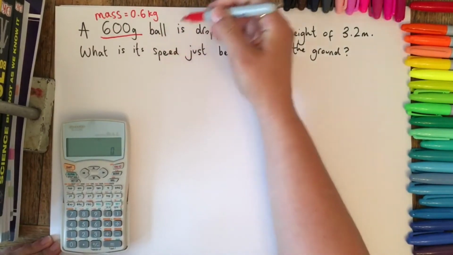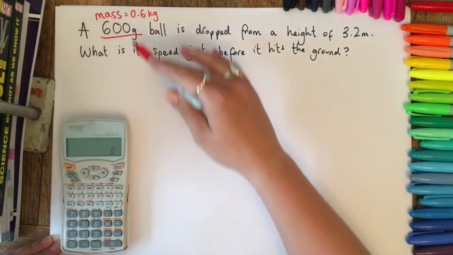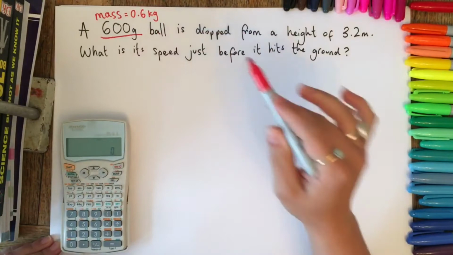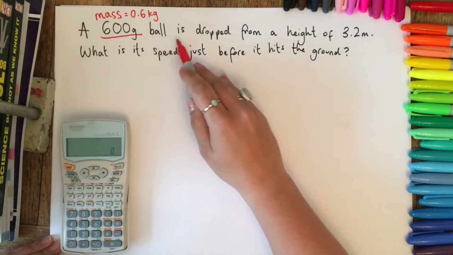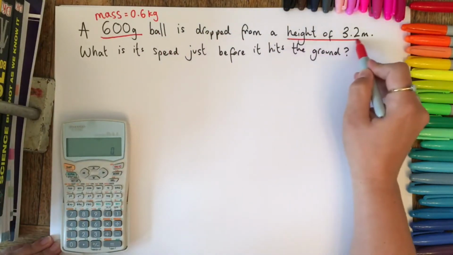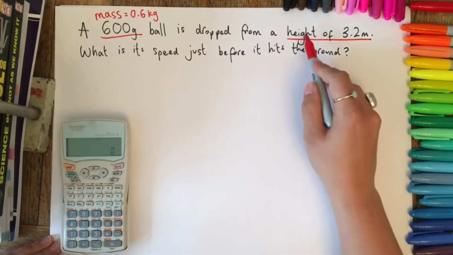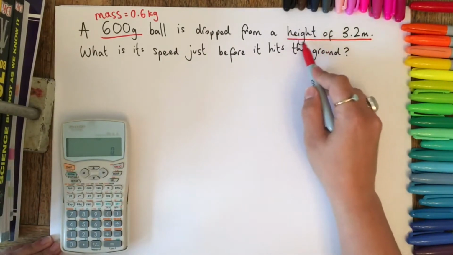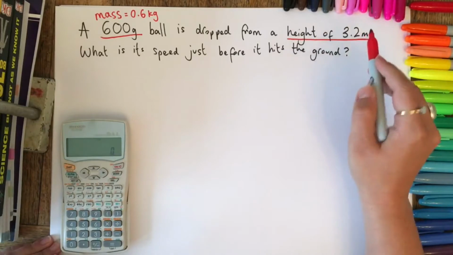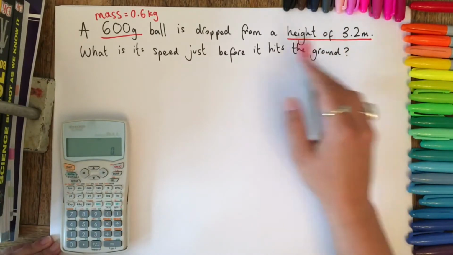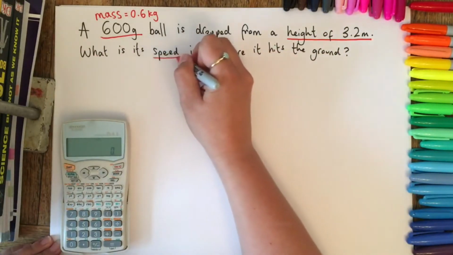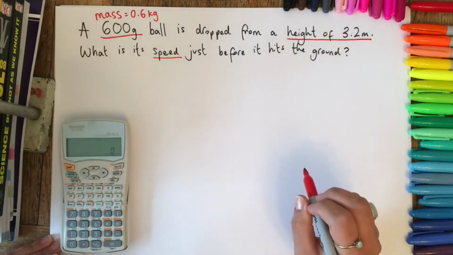Even before moving on, I would think to myself, we don't use grams, we use kilograms, so let's do the conversion so that I don't forget. It then tells me that it is a height of 3.2 meters. So straight away, I already know that that's a height, and that's a bit of a clue for what we're about to do. And then it says, what is its speed just before it hits the ground?